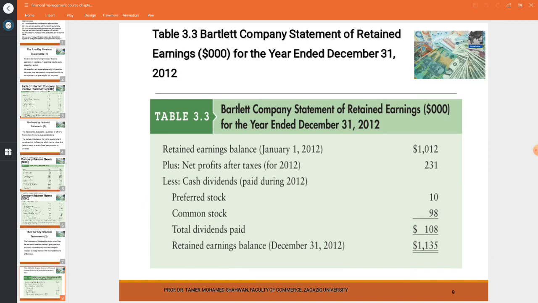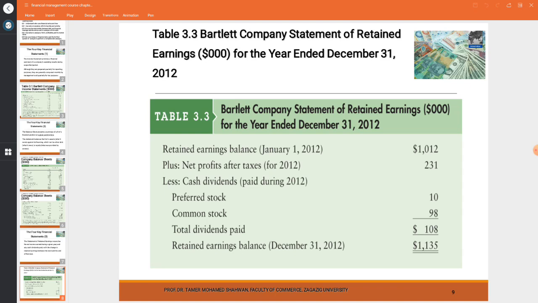So the result will be the retained earnings balance. In our example, our retained earnings balance is 1,012 plus our net profit after taxes of 231.